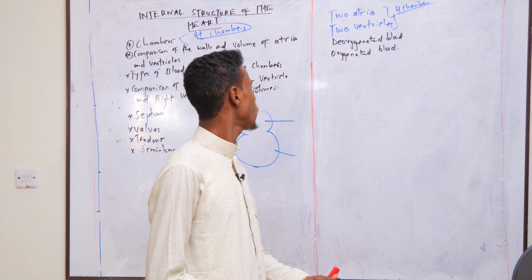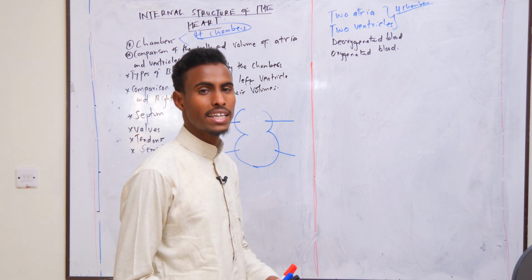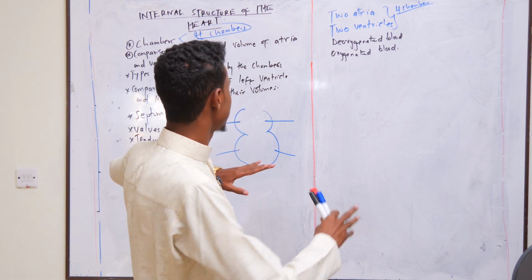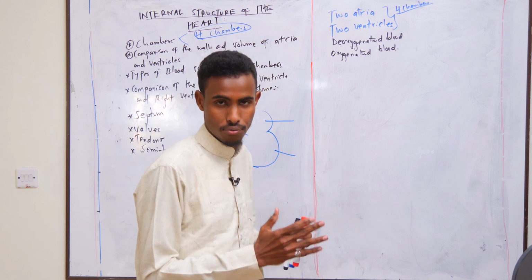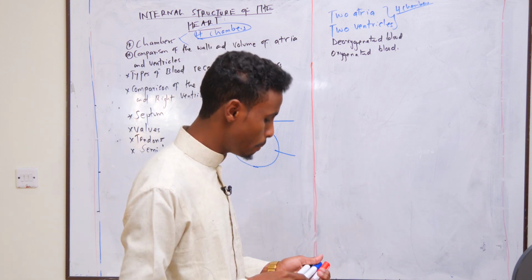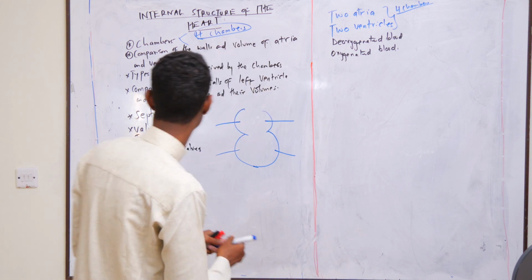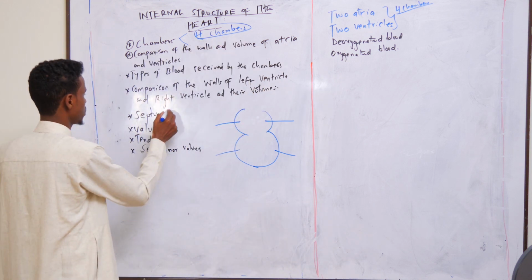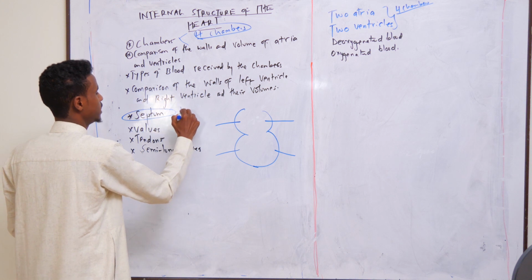Now class, as you know, the heart is divided into 2 halves by a muscular wall called the septum.